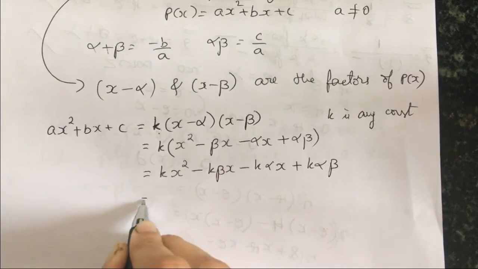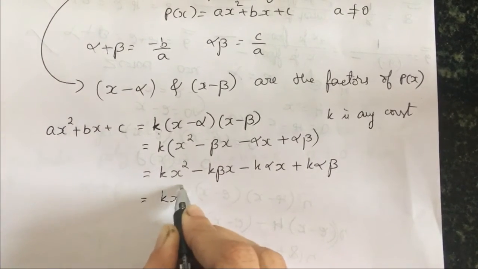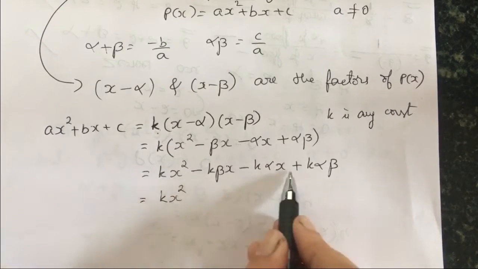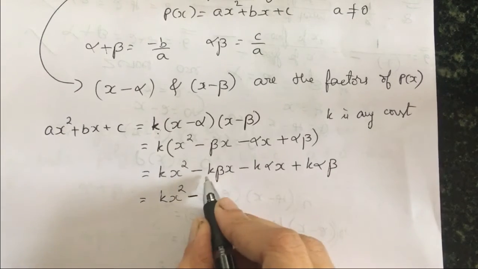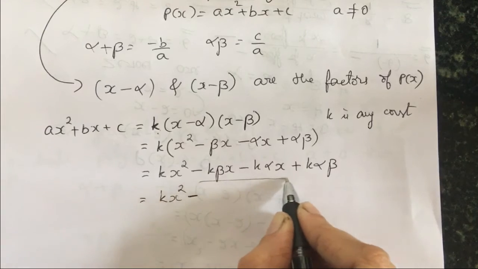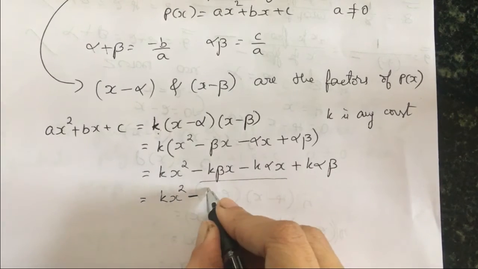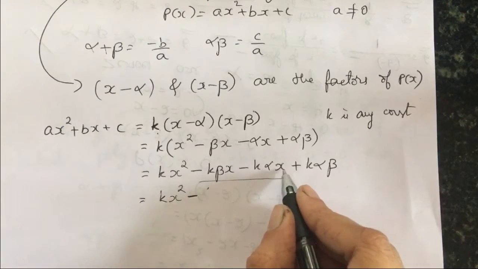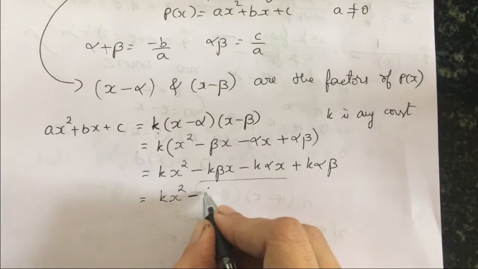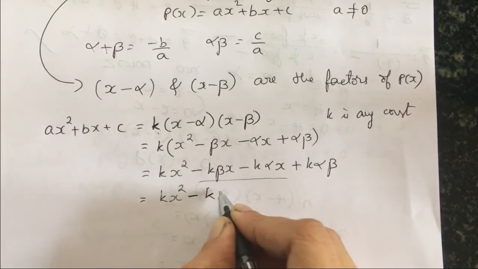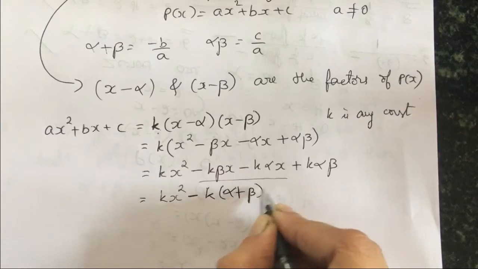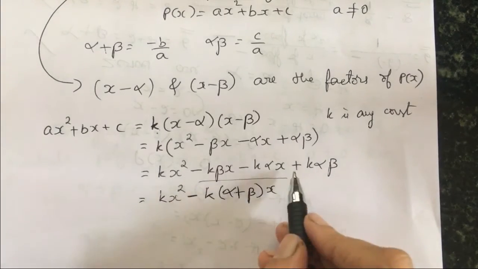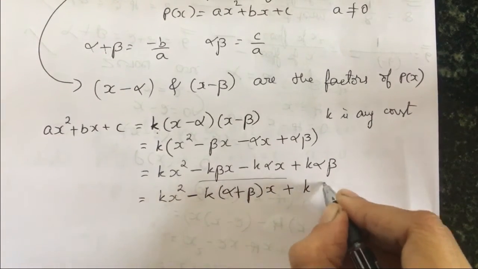Combine the terms which have x in common: minus k beta x minus k alpha x. So I'll write them as k into alpha plus beta into x, plus k alpha beta.